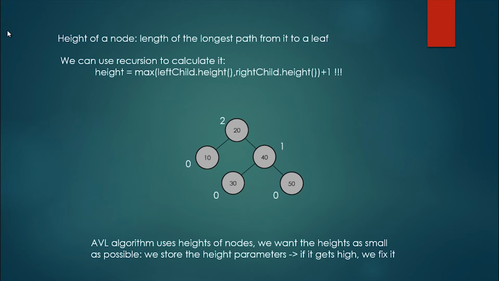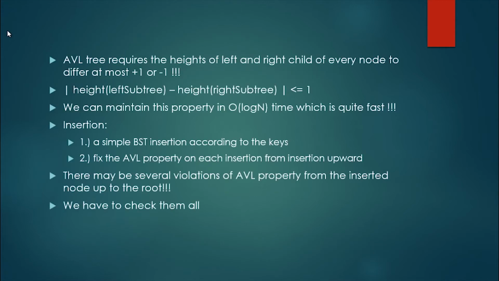So the AVL algorithm uses heights of nodes. We want the heights as small as possible. We came to the conclusion that if we make sure that these height values are small, our tree will be balanced, and that's our aim. So we store the height parameter, and if it gets high, we fix it with rotations.